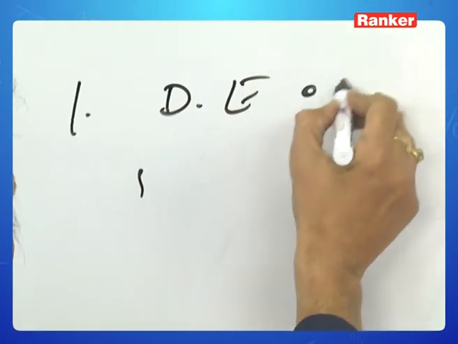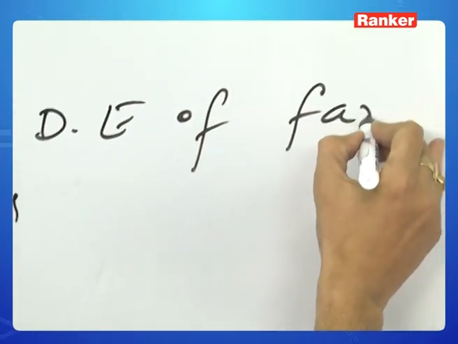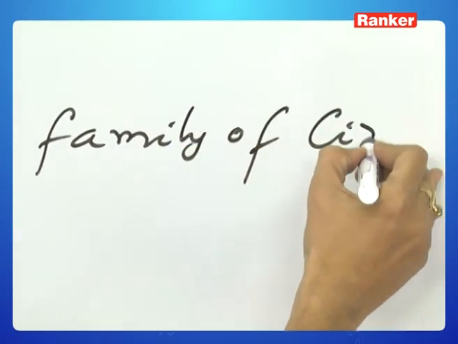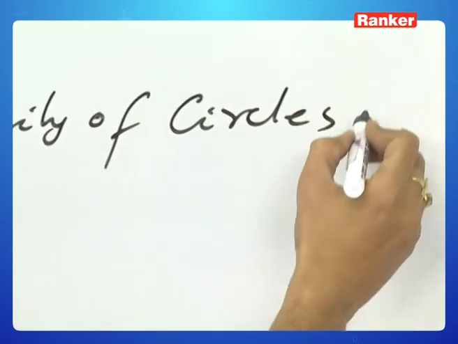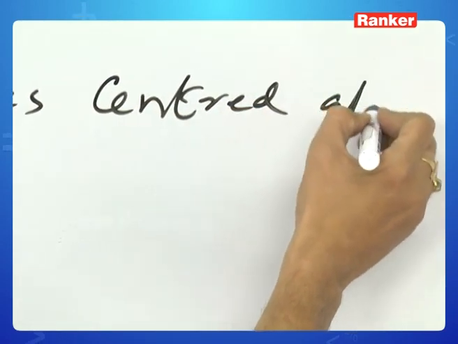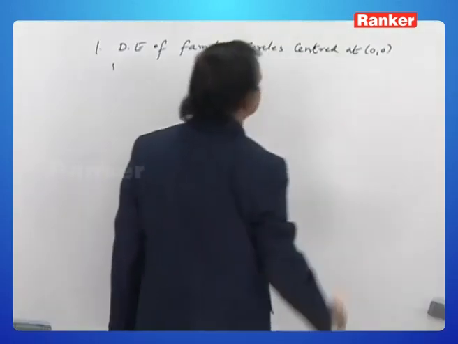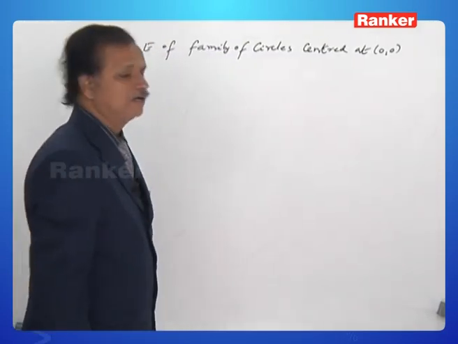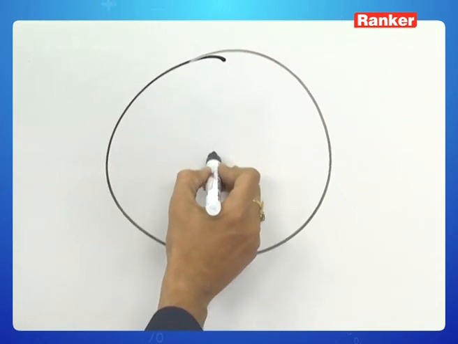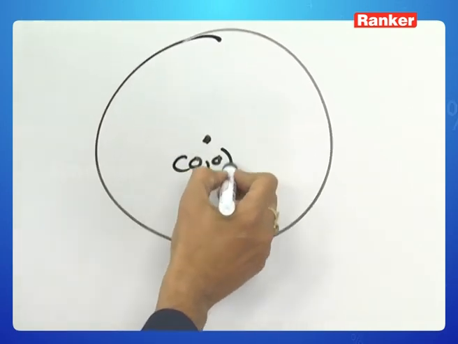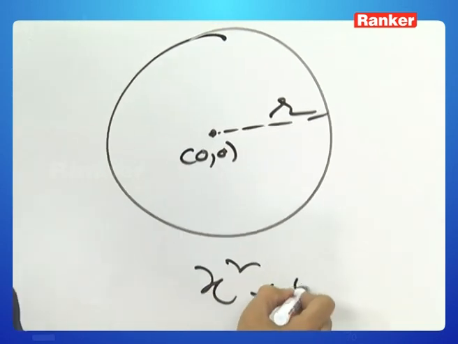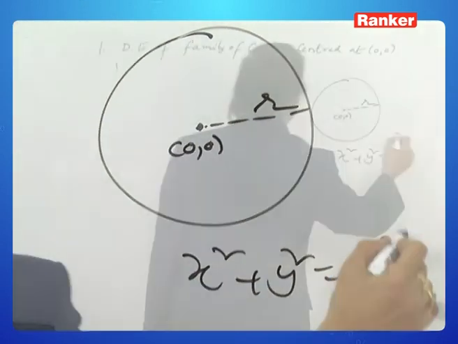The differential equation of the family of circles centered at origin. That is the question. It's very simple. Centered at origin means, what is the general equation? Let the radius be r, hence the equation is x square plus y square is equal to r square.